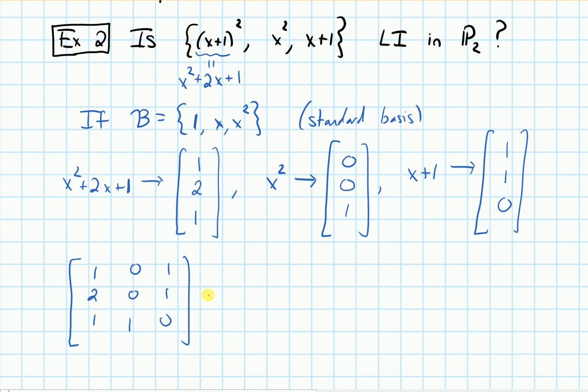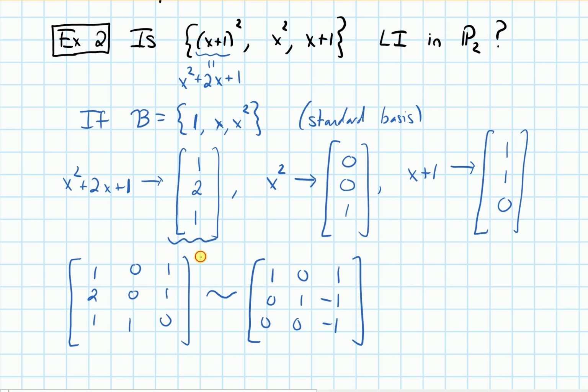To do this, we would have to row reduce. Just to save time, I'm going to tell you what this row reduces to. After a couple of row operations, this becomes 1, 0, 1, 0, 1, negative 1, and then 0, 0, negative 1. That's what it row reduces to after a few row operations.